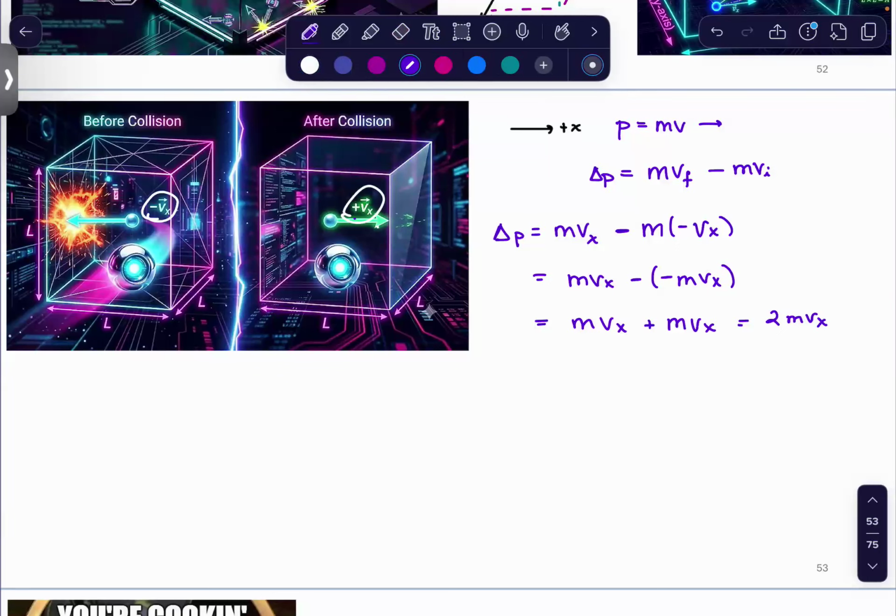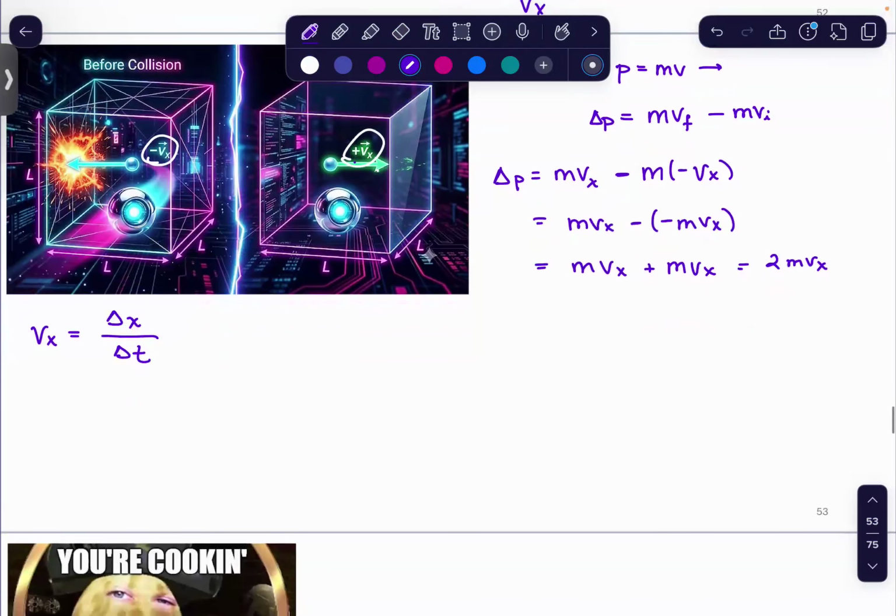Okay, so we have another definition from physics. Velocity is a change in position over change in time. And you'll be happy we're going to leave it in discrete math because technically your velocity is a time differential of position, but we're just going to do it the discrete way.